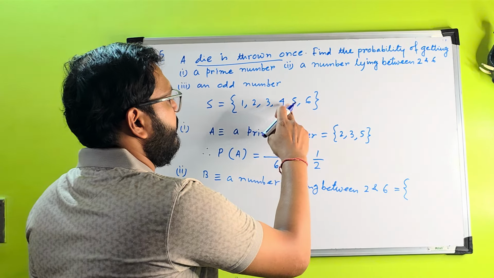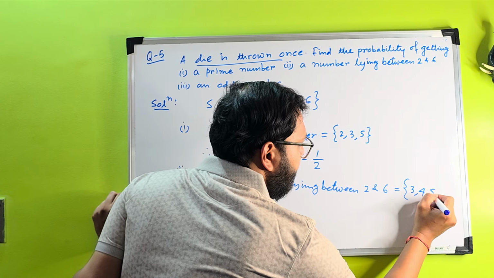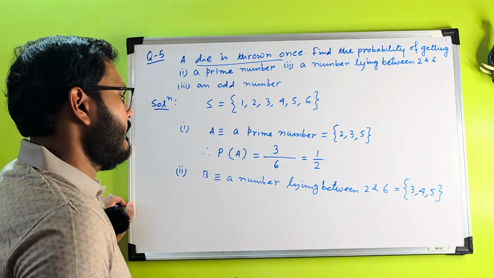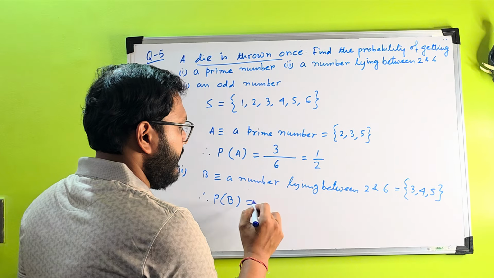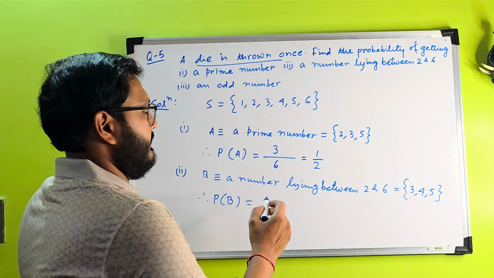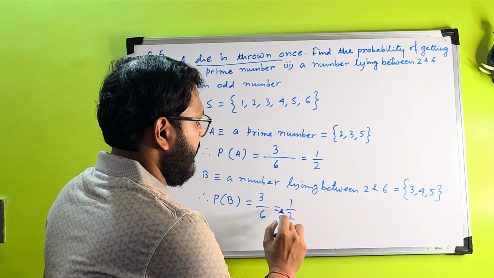So 3, 4, 5. Again, hence probability of the event B equals 3 by 6, equal to half.